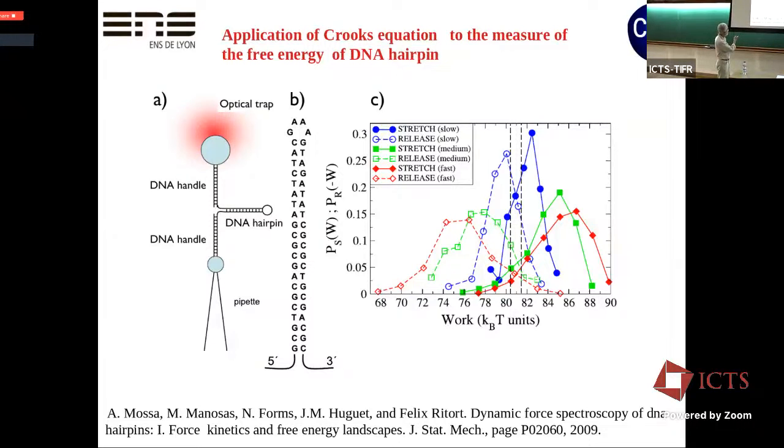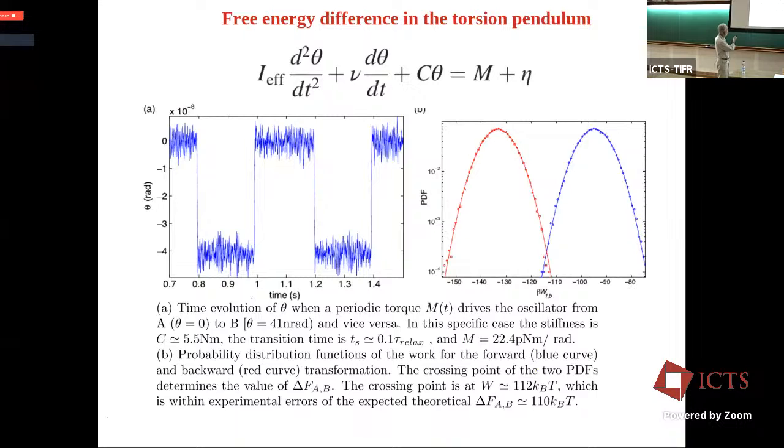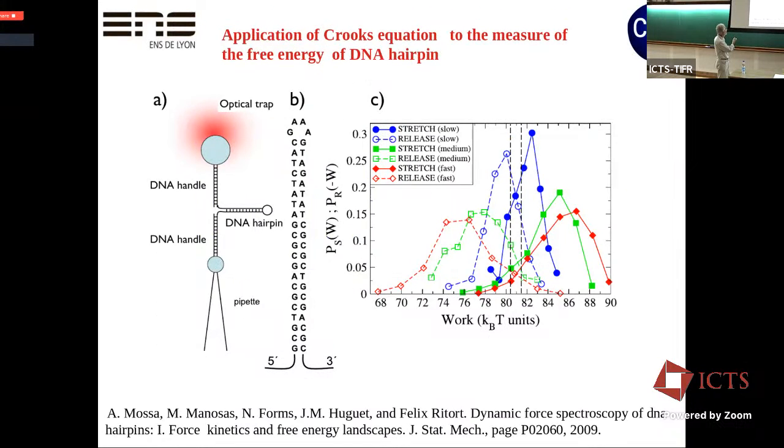The idea is the following. Suppose that I have a DNA hairpin, and using some DNA handles that biologists are able to make, which are stiffer than the hairpin, we take the two extremes of the DNA and glue them using this DNA handle, one on a pipette, and the other on a colloid, which is trapped in an optical trap.